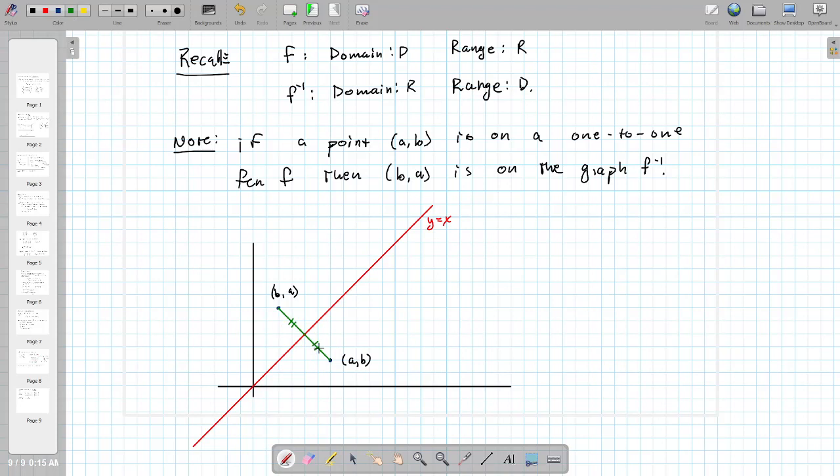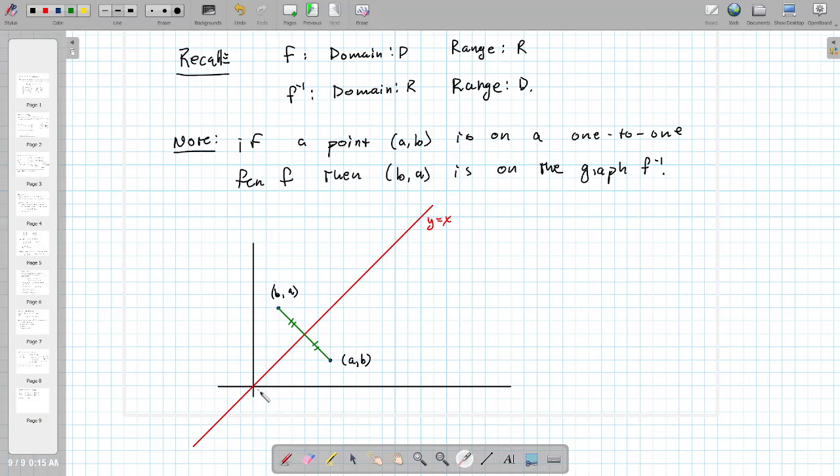This line is of equal length to this line. So if our point (a, b) is on our function f, then (b, a) is on the function f inverse. And this is true no matter what point we look at on f.